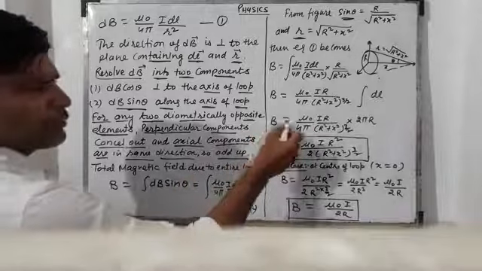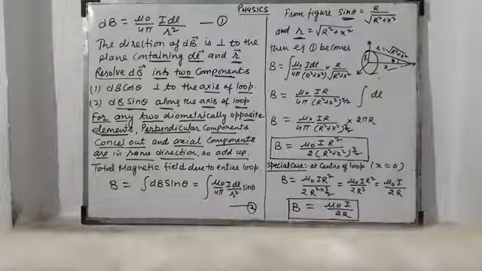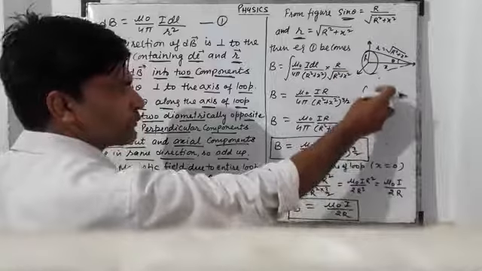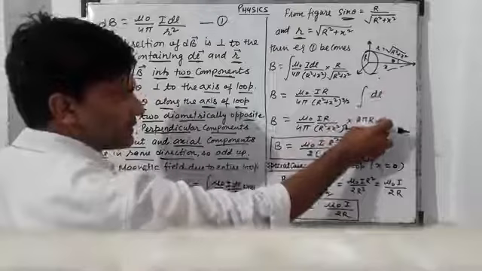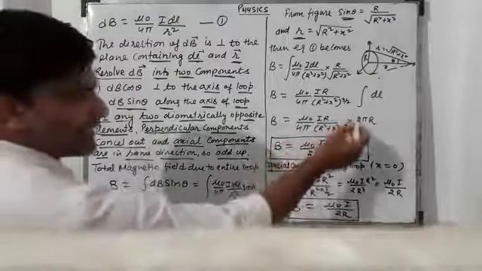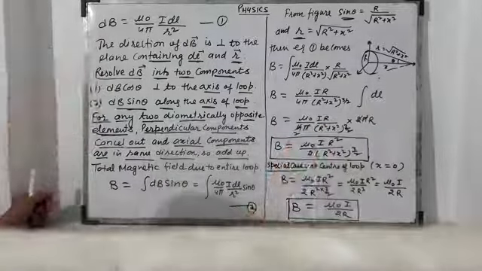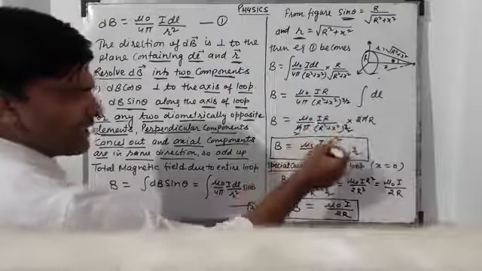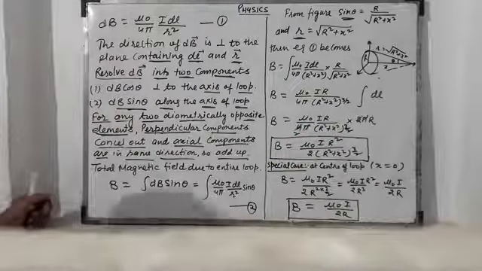So B is equal to mu naught upon 4 pi, I R upon R square plus x square to the power 3 by 2, into 2 pi R. The integration of dl is the circumference of the circle, which is 2 pi R. By cancelling, 2 into 2 is 4, and pi cancels out, then we get B is equal to mu naught I R square upon 2 times R square plus x square to the power 3 by 2.